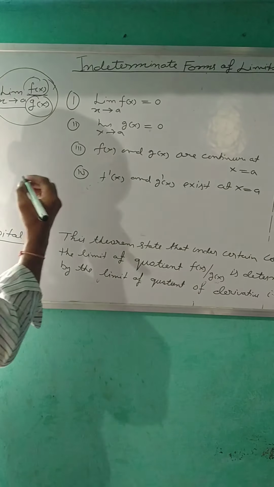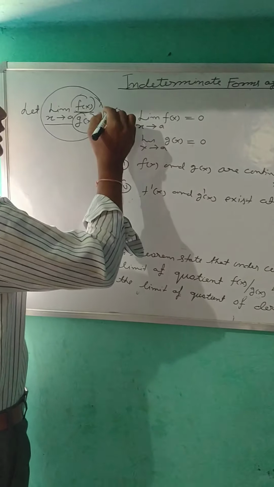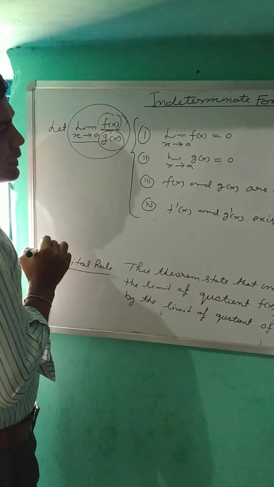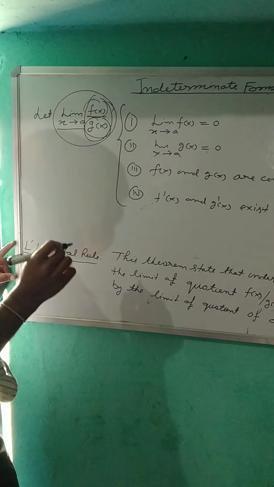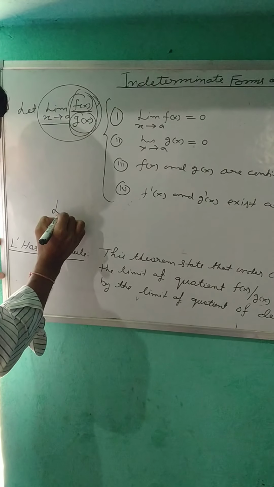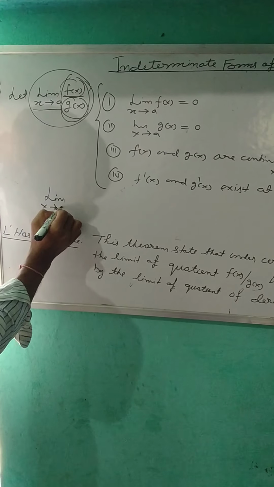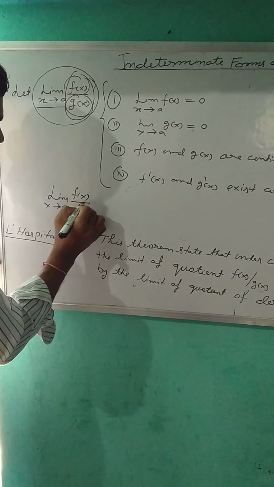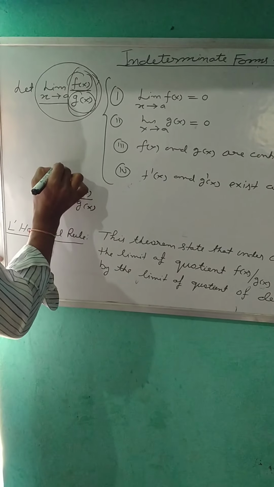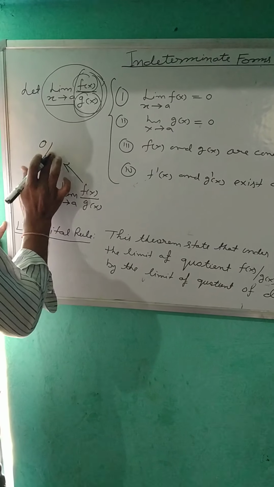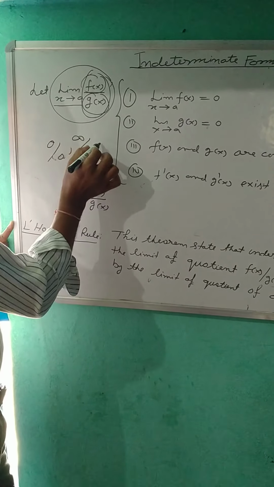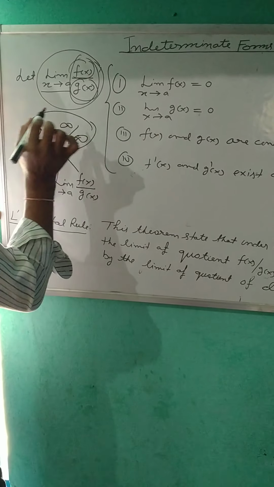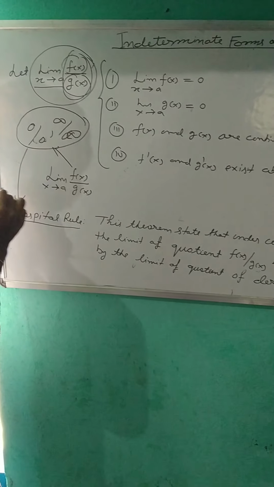If all the conditions are satisfied by the function f(x) upon g(x), then we can find the limit as x tends to a of f(x) upon g(x) if we get the indeterminate form 0 upon 0 or infinity upon infinity. Only for these two indeterminate forms can we use L'Hopital's rule.